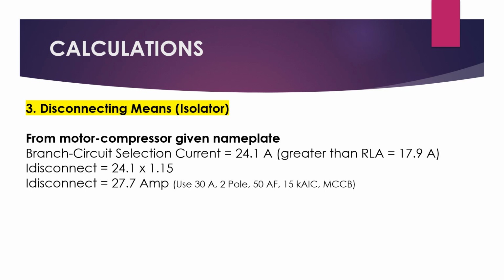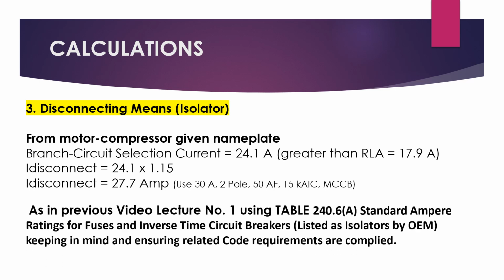And using the standard breaker rating for isolator, we have to use 30 ampere, 2 pole, 50 ampere frame, again temporary 15 kAIC, MCCB. As in previous video lecture number 1, using Table 240.6(A), again standard ampere ratings for fuses and inverse time circuit breakers listed as isolators by OEM, and also keep in mind and ensure that the related code requirements are complied.